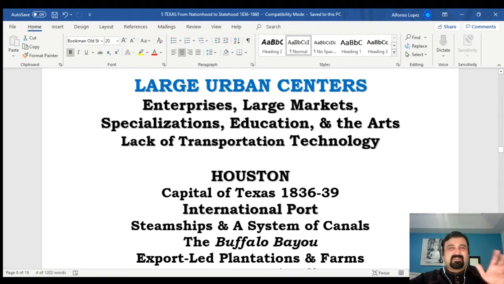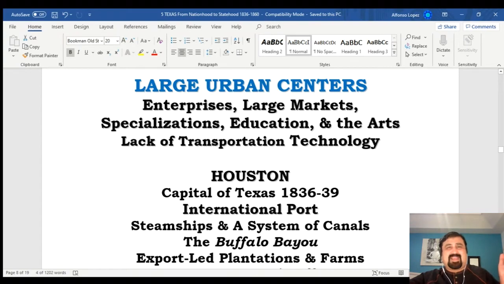So I'm not just talking about small towns, but rather the large urban centers that are going to be significant for the development of the Texas Republic, because the large urban centers were where people found the large enterprises, for example, or the headquarters and main offices of many of the enterprises developed in Texas, certain cattle ranching industries, or the shipping industries that were exporting cotton, financial institutions, large businesses, and the like.